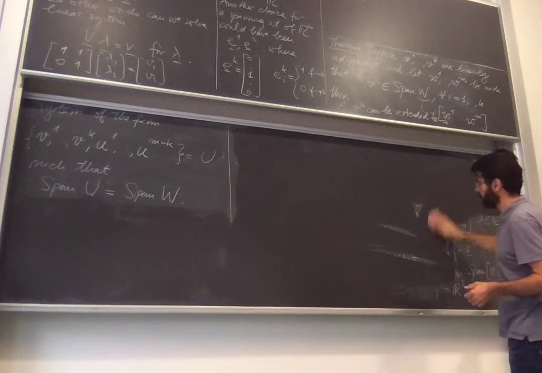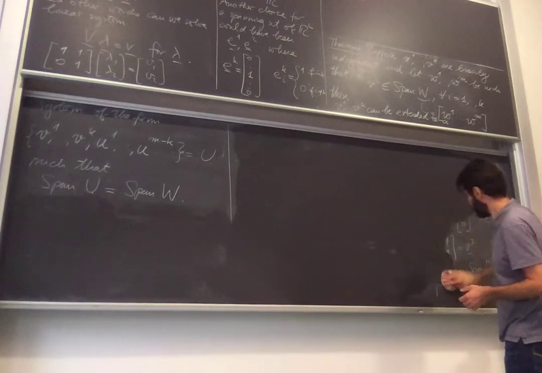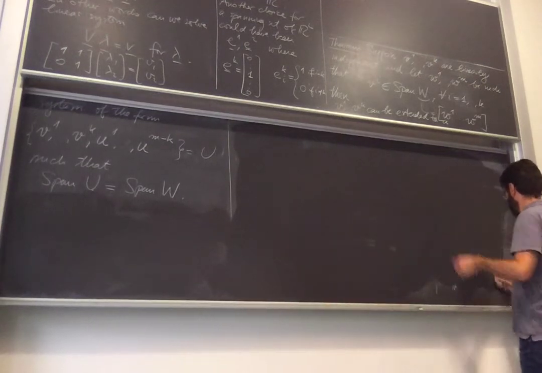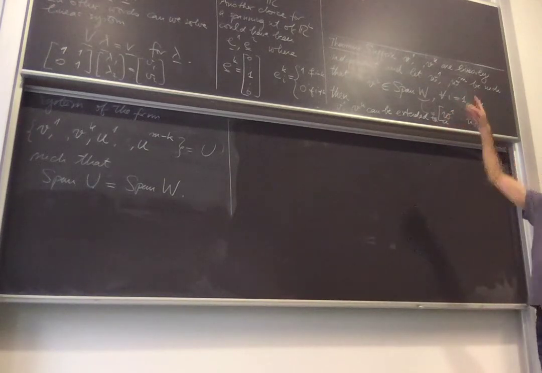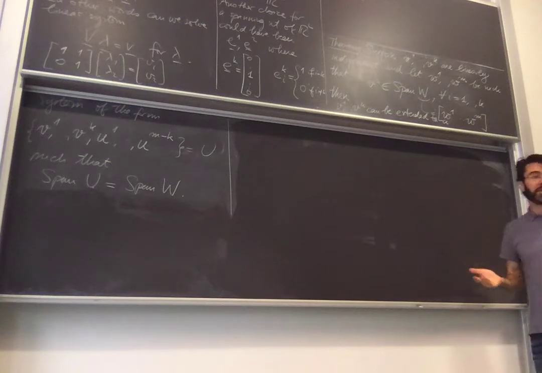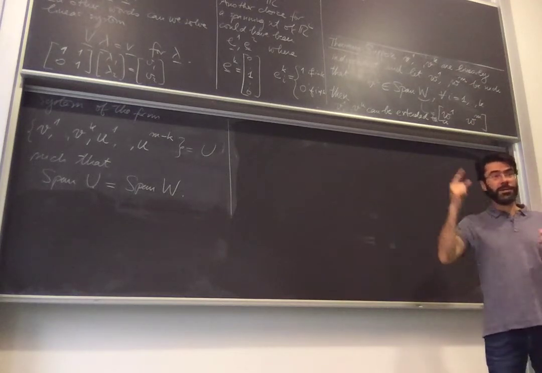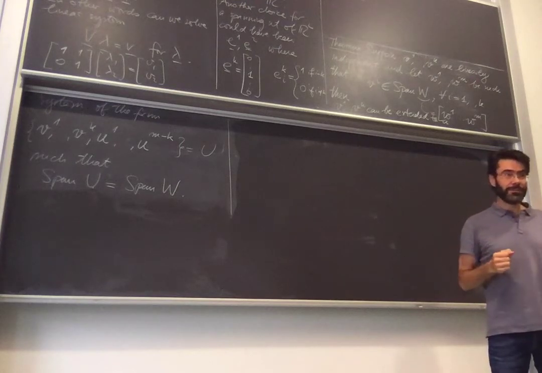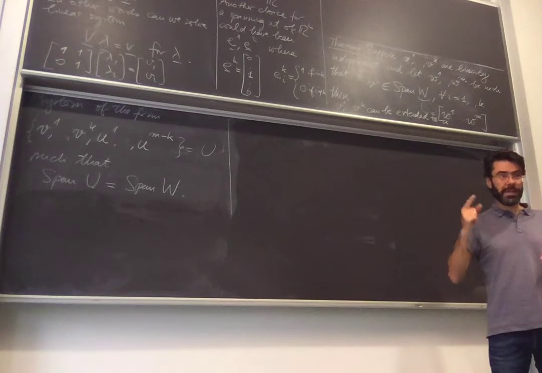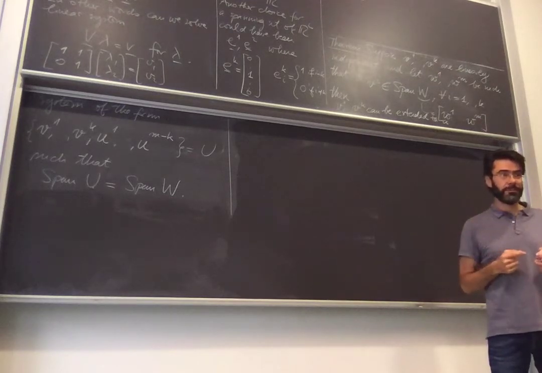In other words, can you solve the system with the matrix that has columns E1, ..., En? That's a matrix that has 1s on the diagonal, 0s everywhere else. It's the identity matrix. So can you find lambda such that I times lambda is equal to 0 without lambda being 0?